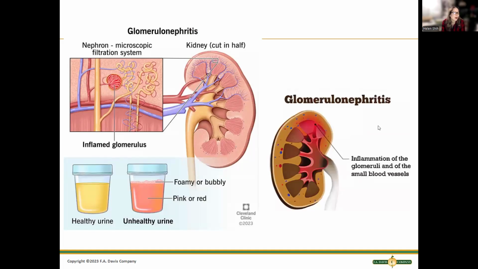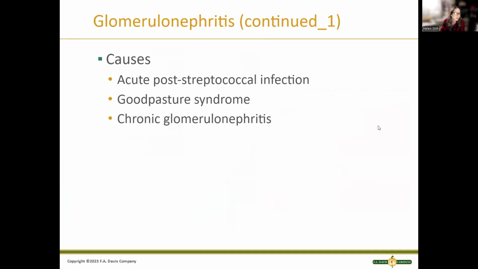And so this is then going to cause the urine that is produced to become foamy or bubbly and also pink or reddish in color because of the mixture of hematuria and protein in the urine. And on the right side is just another picture of glomerulonephritis where I show that there's inflammation in the glomerulus as well as the blood vessels that supply blood to the glomerulus.